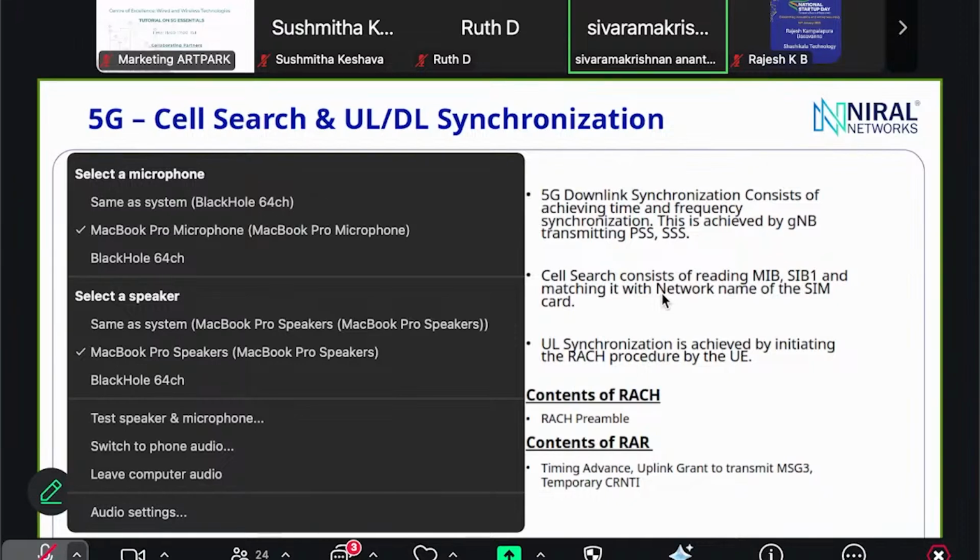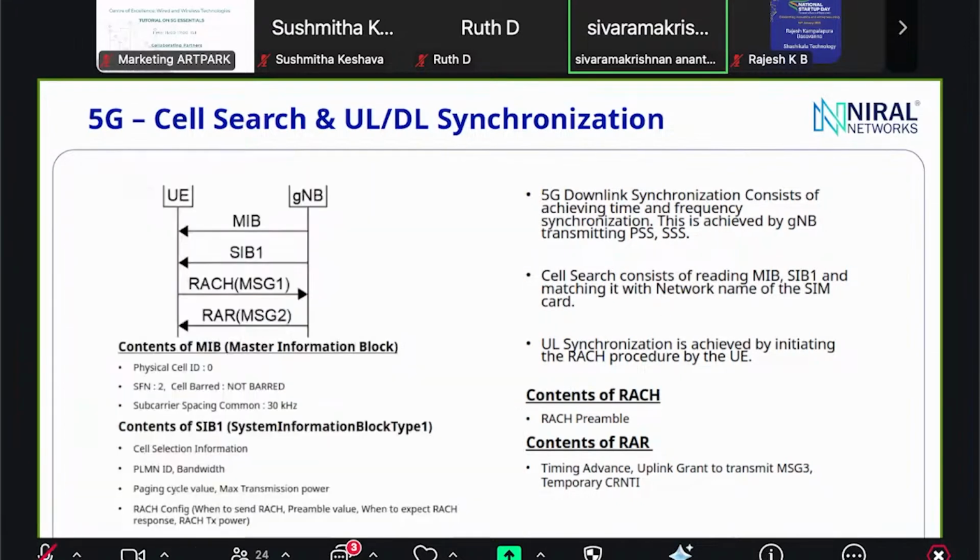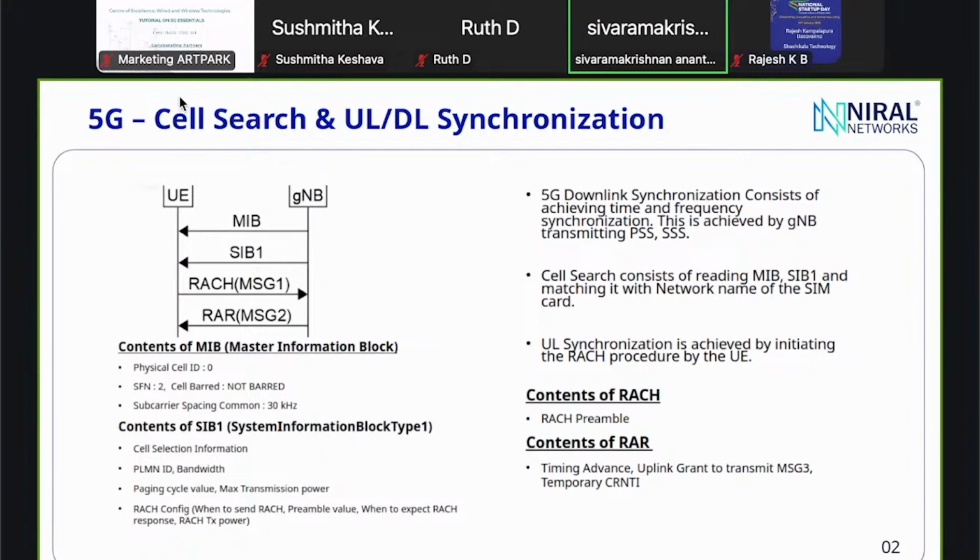Say, for example, when we talk about downlink synchronization, we have a mobile, assume that it is a 5G or 4G mobile. It has to first get recognized by the network. And then, based on the basic synchronization that is established, further control path initiation from the UE to the base station and to the core happens.